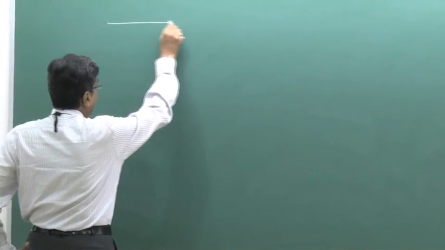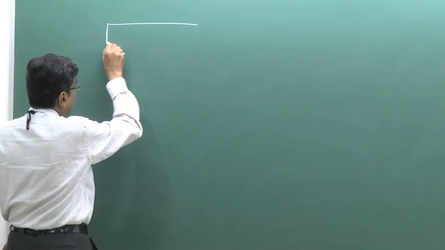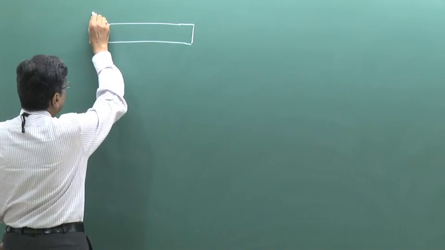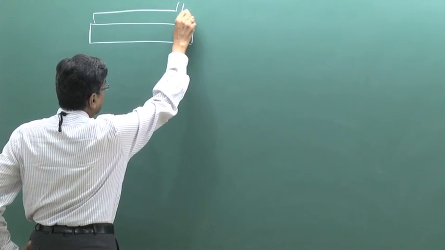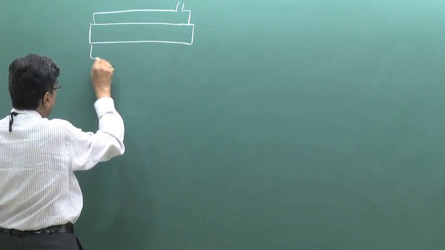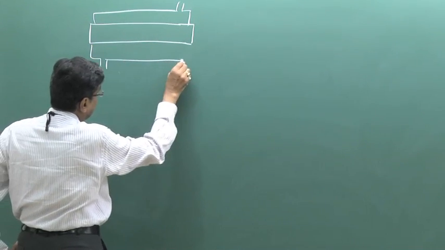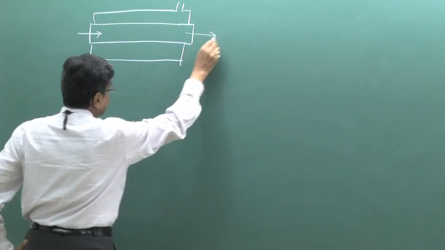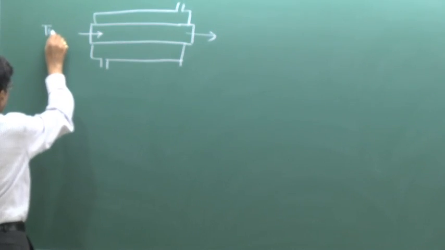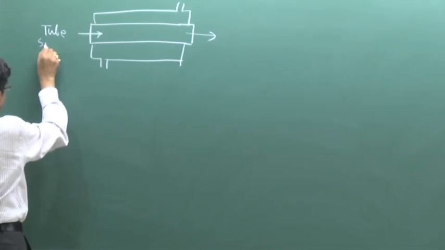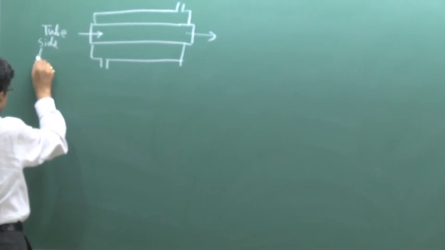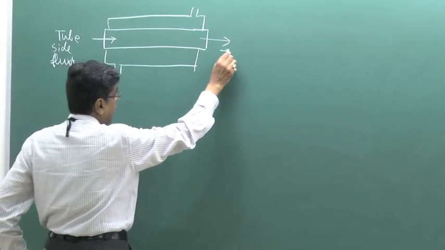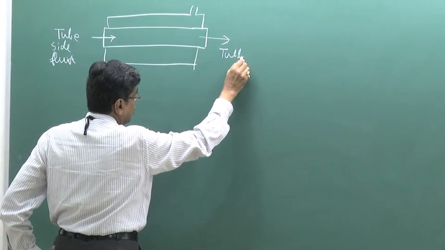Again, let us have a shell and tube type like this, simple shell and tube, double pipe. This is the tube side fluid, and tube side fluid in and tube side fluid out.